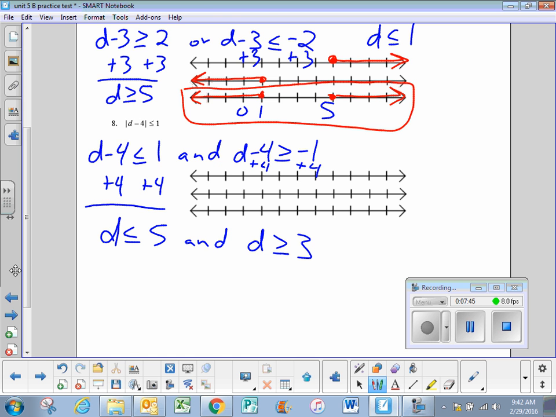Okay, so I need 3. So if I have 0, 1, 2, 3, 4, 5, and then I go, D is greater than or equal to 3, D is less than or equal to 5, where are they both graphed? So every one of those is typical ands or ors. Either one out if it's an or, in the middle if it's an and.